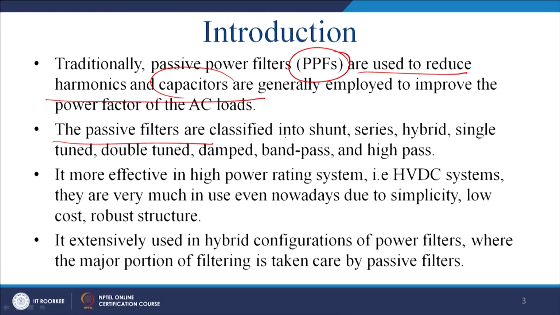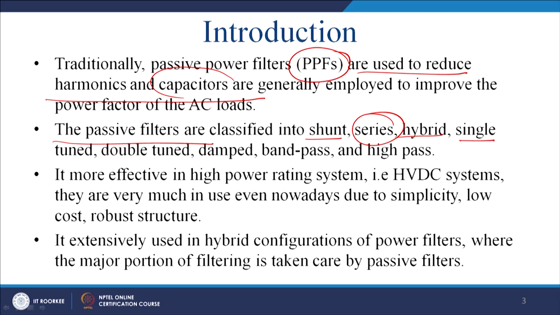For this reason the passive filters are classified into shunt, where you put them in a parallel path, series, and hybrid, where you put them shunt and series. Thereafter you can eliminate a single frequency, which is called single tuned.